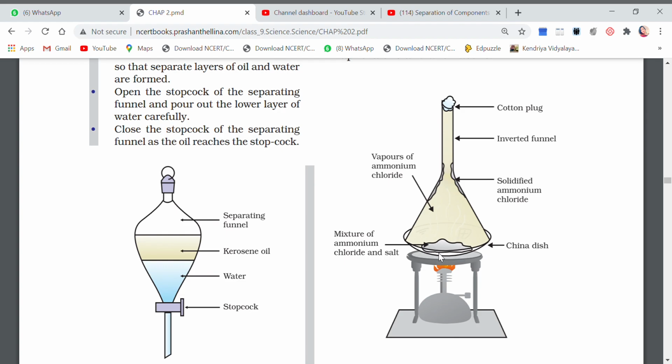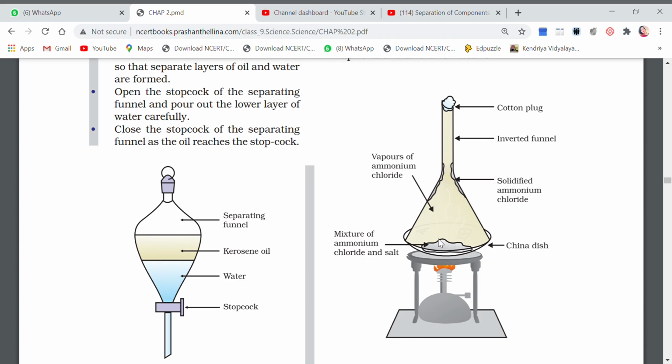Let me tell you this in Hindi also, that when you heat, जब आप heat करोगे mixture को, ammonium chloride और salt के mixture को, तो ammonium chloride heat की वजह से convert हो जाएगा solid से gas, and gas you know is lighter, it will move up. तो जब ये गैस ऊपर की तरफ जाएगी और ये वॉल्स के साथ स्टिक होंगे वेपर्स, इन्वर्टेड फनल की वॉल्स के साथ जब ये स्टिक होंगे तो दे विल गेट कूल्ड, बिकॉज ग्लास जो है वो हीट ले लेगा, ये जो वॉल्स हैं वो वेपर्स से उनकी हीट ले लेंगे, तो वेपर्स कूल हो जाएंगे, और वेपर्स जैसे ही कूल होंगे दे विल गेट कन्वर्टेड फ्रॉम गैस टू सॉलिड अगेन, एंड दे विल स्टिक टू द walls here.